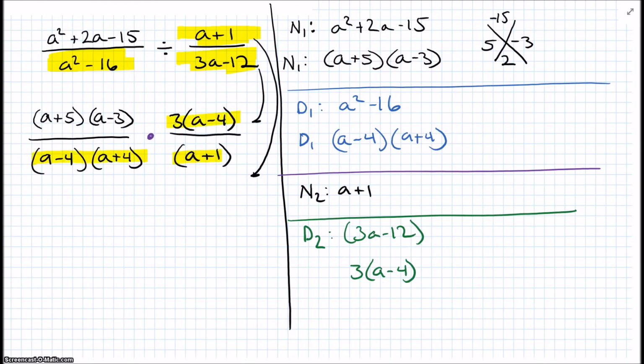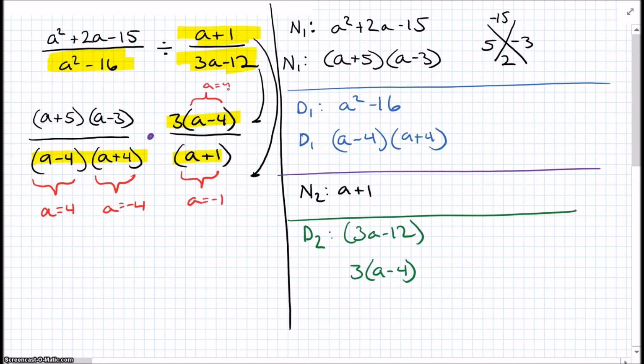So what would make those zeros? Well, if a equaled 4, if a equaled negative 4, if a equaled negative 1, or if a equaled 4. So I have my restrictions. a cannot equal negative 4, negative 1, or 4.